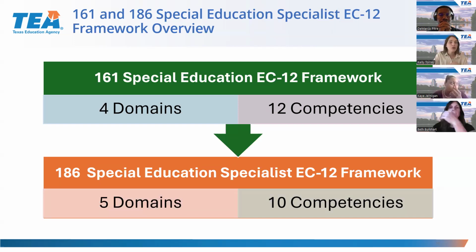If you were with us in the fall for one of our framework overview or application process webinars, we took a really close look at those frameworks, and we reviewed not only how some sets of knowledge and skills that candidates need to have are assessed within that exam and how they've been reorganized, but we also spent some time discussing where new sets of knowledge and skills are present on the exam, how they show up in those competencies and descriptive statements.